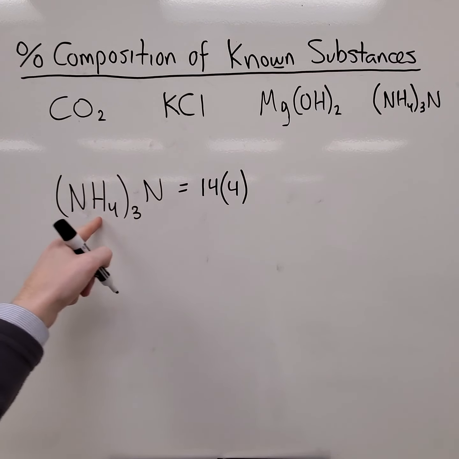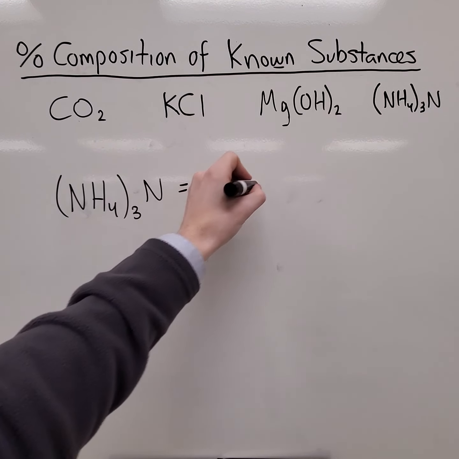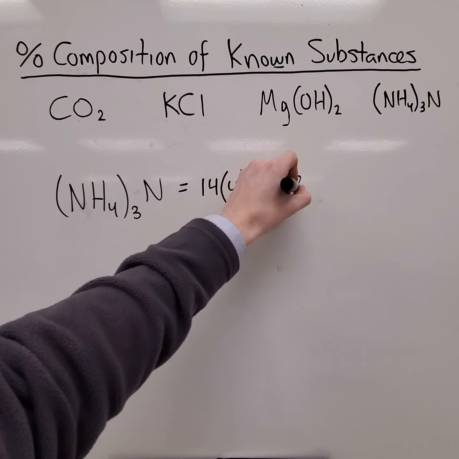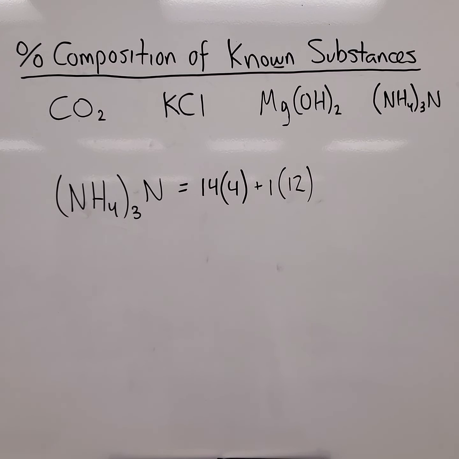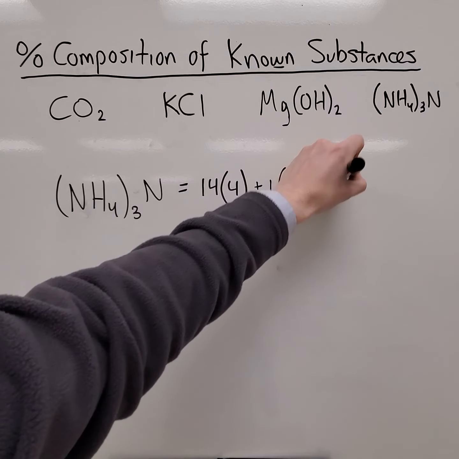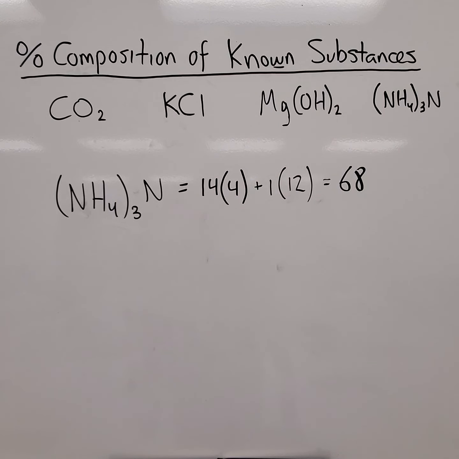And there are 12 H's, and each one weighs 1, for a total of 68. Okay? Now I'm going to let you try to figure out these on your own. Pause the video, and when you feel like you've got a successful calculation, unpause it for the answer.